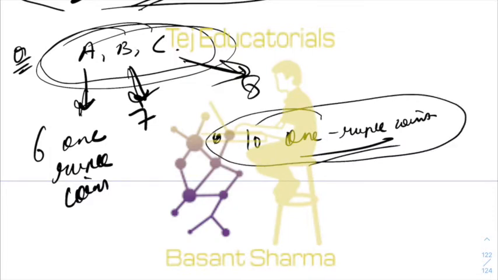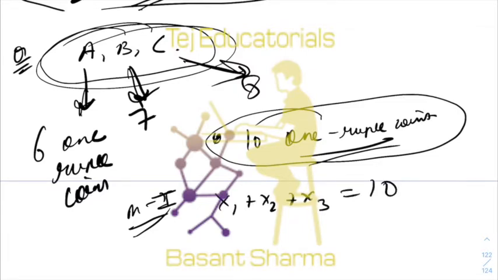So one way to think about it, method one, is that this is nothing but the number of solutions of this equation, where x1 varies from 0 to 6, x2 varies from 0 to 7, and x3 varies from 0 to 8.